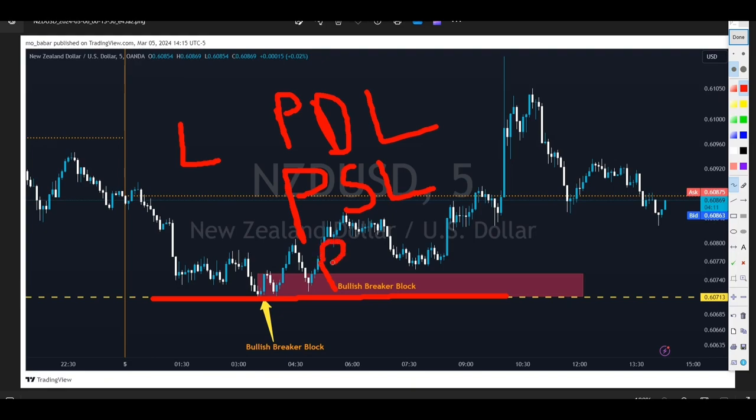Could be previous, which means 3 days low. If this was closer to this one, you will wait for a breaker block to form.